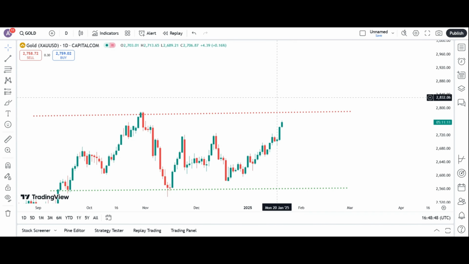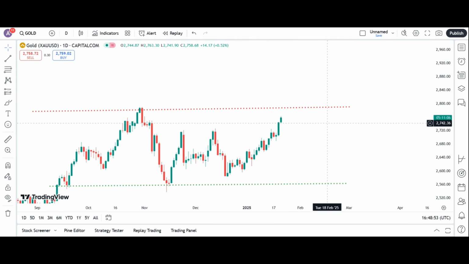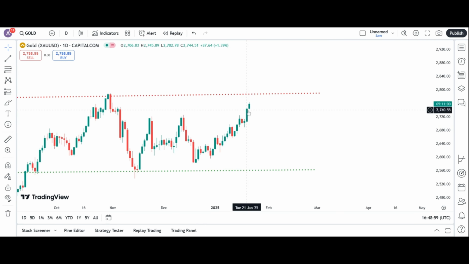And the second scenario is the price keeps the consolidation area and does not break out. For example, when the price arrives at this point, the uptrend changes to a downtrend and it fluctuates in this area.